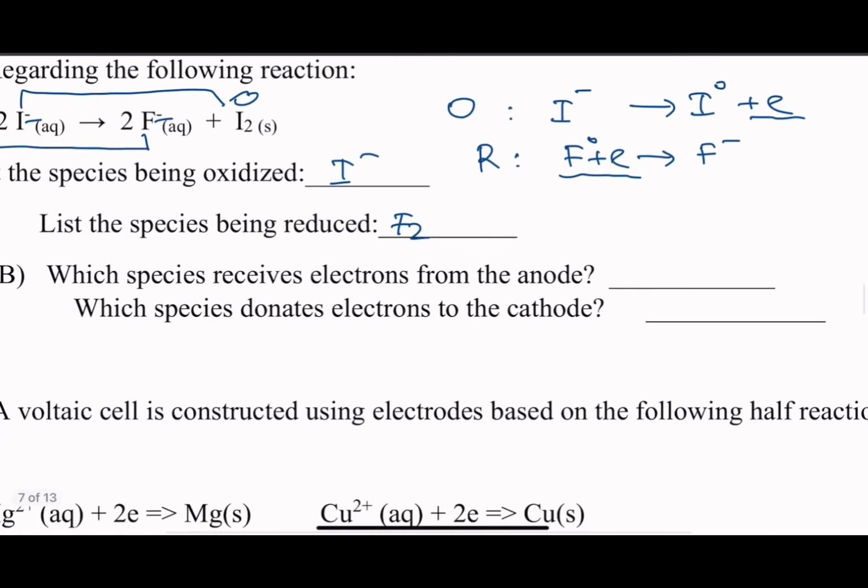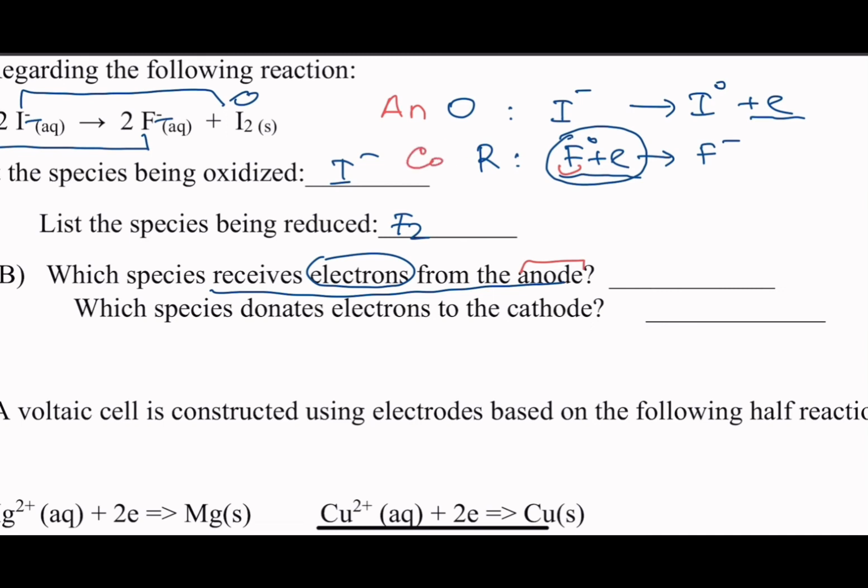It says which species receives electron from anode. It's a trick question. It's just asking which species receives electron. Who received? Fluorine, right? It's asking about anode. We know that the anode is this one, and this one is the cathode.